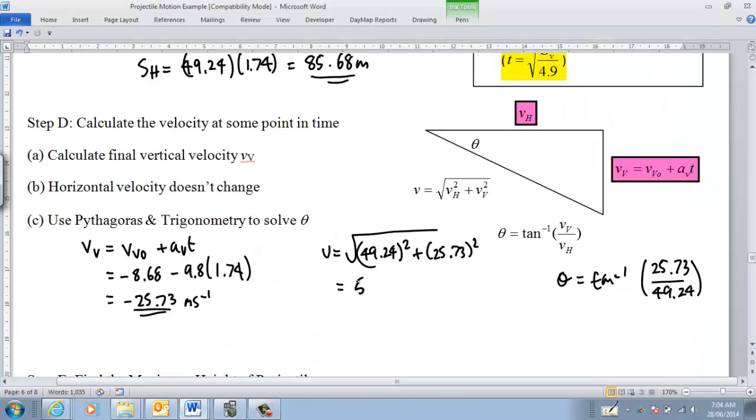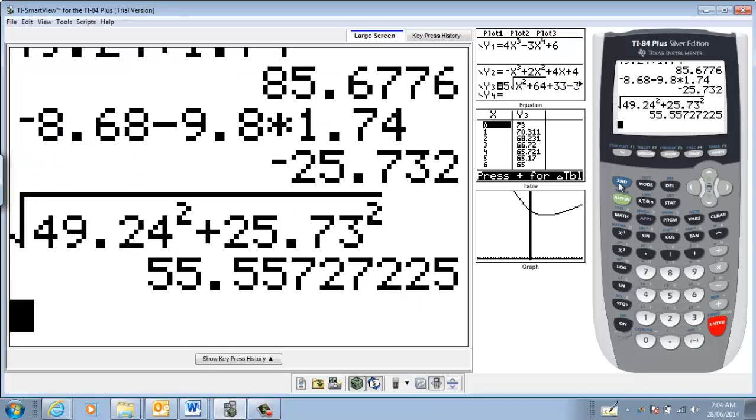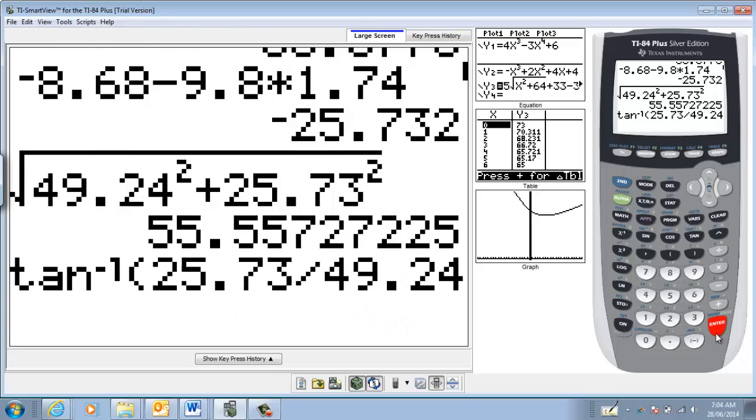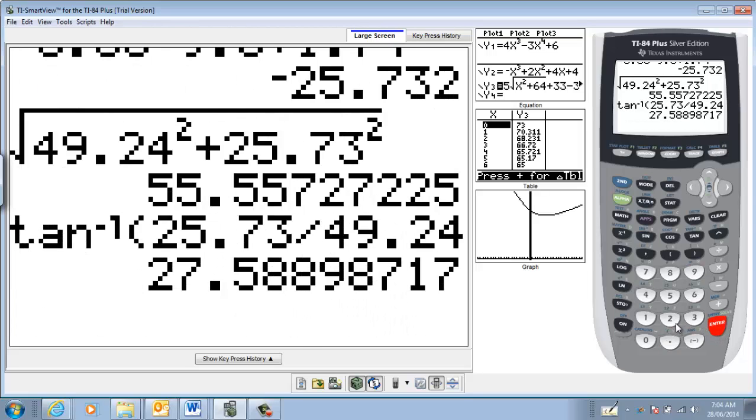So 55.56 meters per second. The angle is inverse tan of 25.73 divided by 49.24, which gives an angle of 27.6.